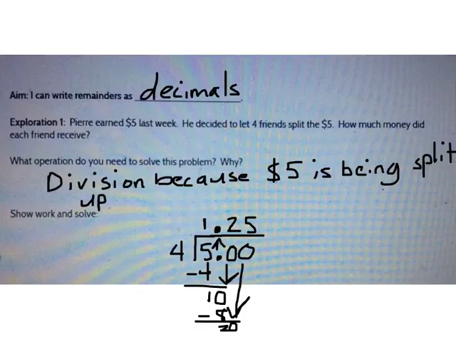What's 5 times 4? It's 20. And when I subtract, I have nothing left over, so I'm done with my division. Each friend could get $1.25. When I need to write my remainder as a decimal, I can add a decimal point and as many zeros as I need to be able to do that.